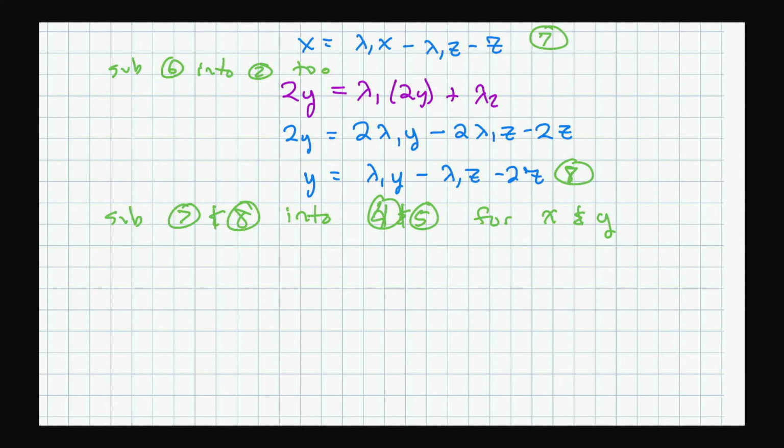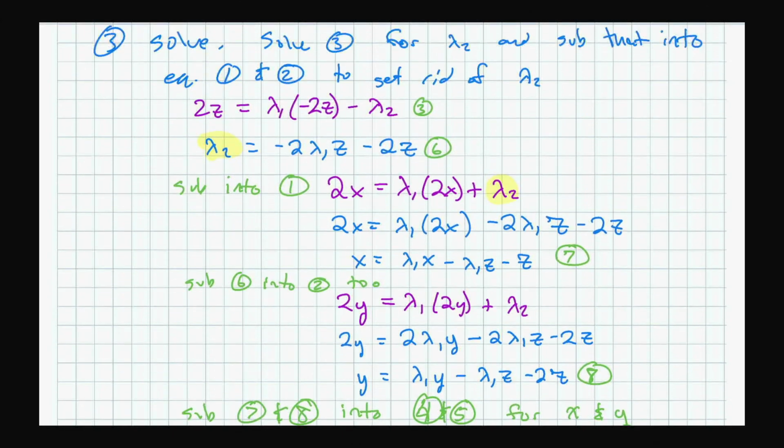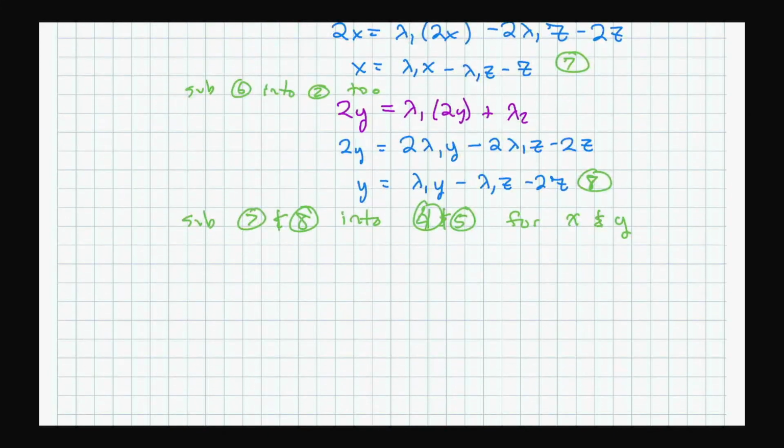Because what that'll do is, wait, will that do anything? What will that do? Okay, so we have x lambda 1 z and y lambda 1 z. Oh, okay. We need to get rid of the lambda 1 somehow. Oh, that's not going to be possible.